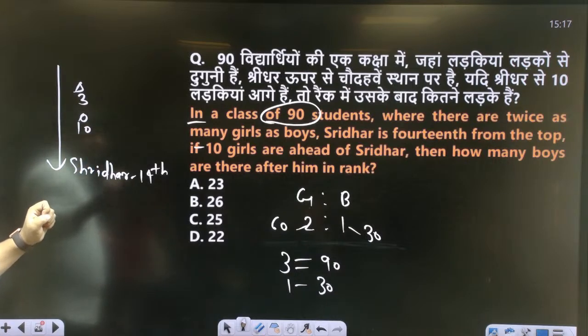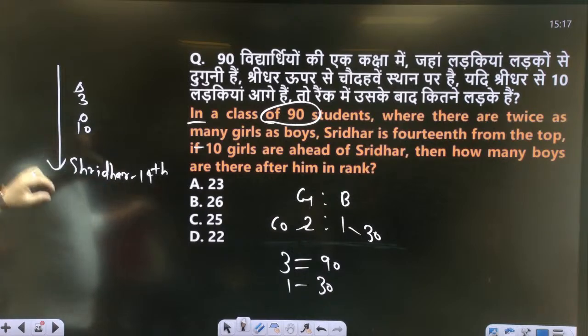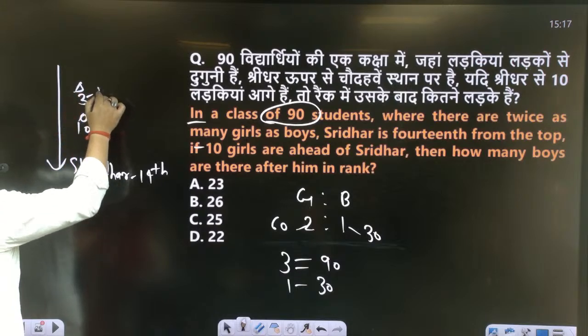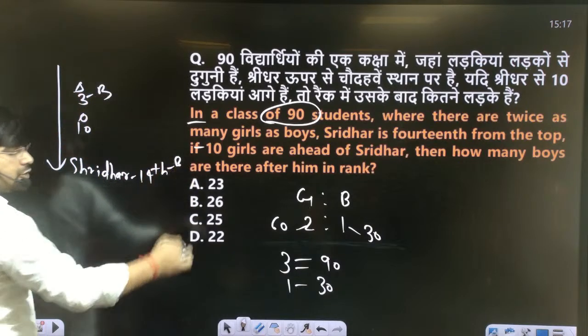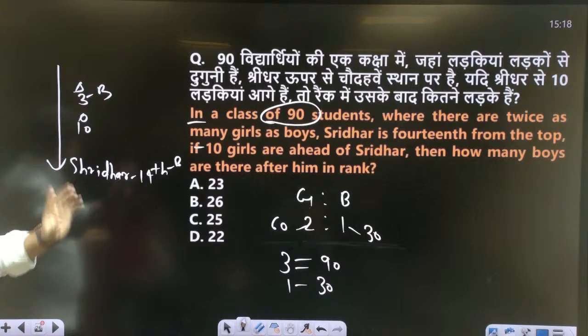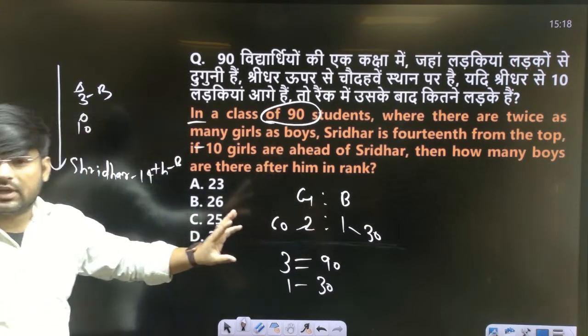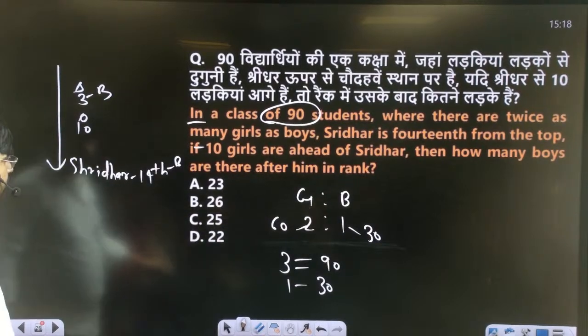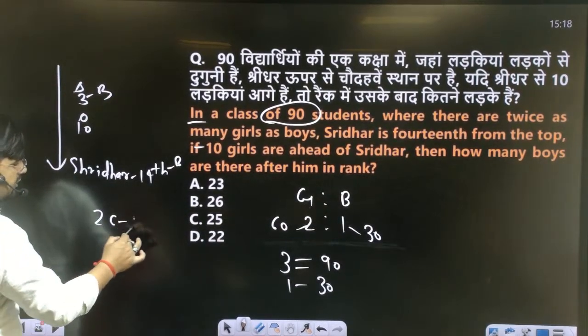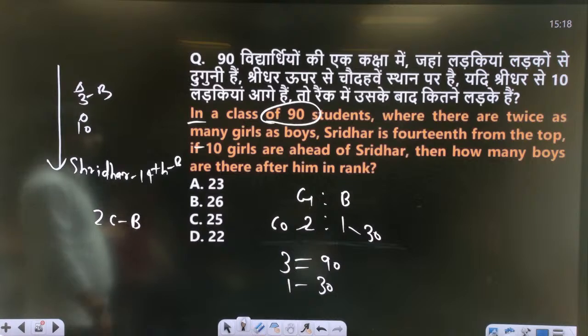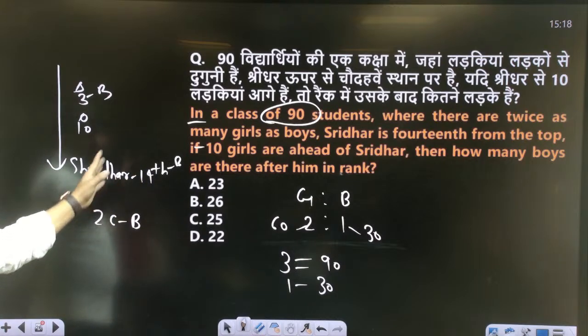And then how many boys are there after him in rank? So 3 boys, and Sridhar is also a boy. 3 and 1, 4. How many are there in total? 30 boys. So 26 boys after Sridhar.